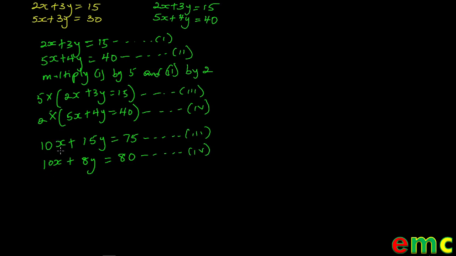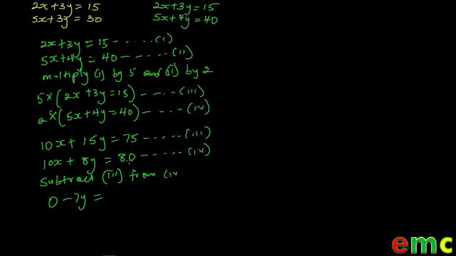Now to eliminate x from these equations, let us subtract equation 3 from equation 4. Subtracting 3 from 4, 10x minus 10x gives us 0. That means x has been eliminated. 8y minus 15y gives us minus 7y.